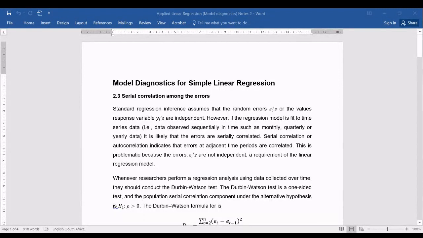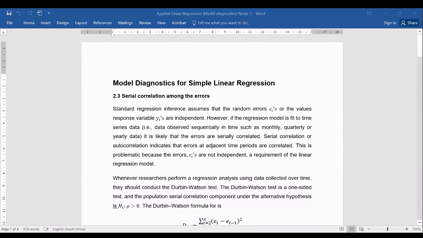If you read the first line, the standard regression inference assumes that the errors are independent, because if the errors are independent, it means the response variable is also independent. And because of that, the estimators also follow a normal distribution. So when we treat the estimator as a variable, we can standardize it. The standardized variable follows a normal distribution.